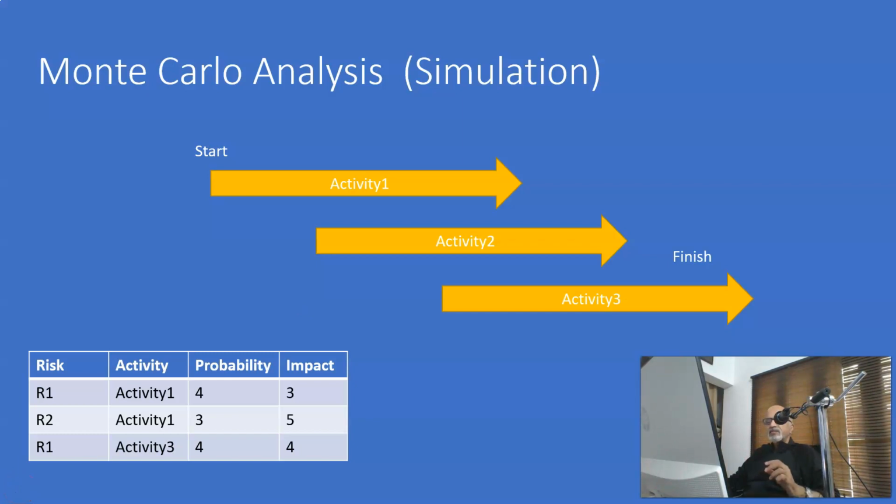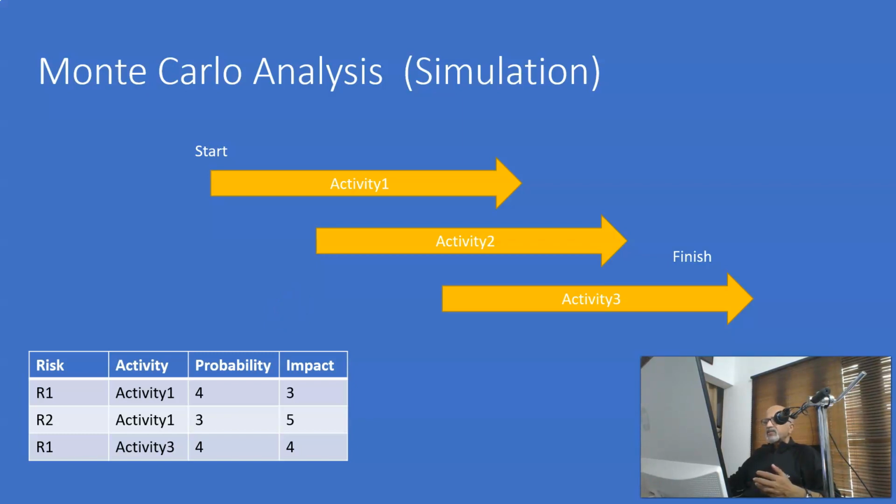Monte Carlo is widely used in credit risk analysis in banks. This is used in rocket launching kind of projects, and the application of this is becoming more and more popular.